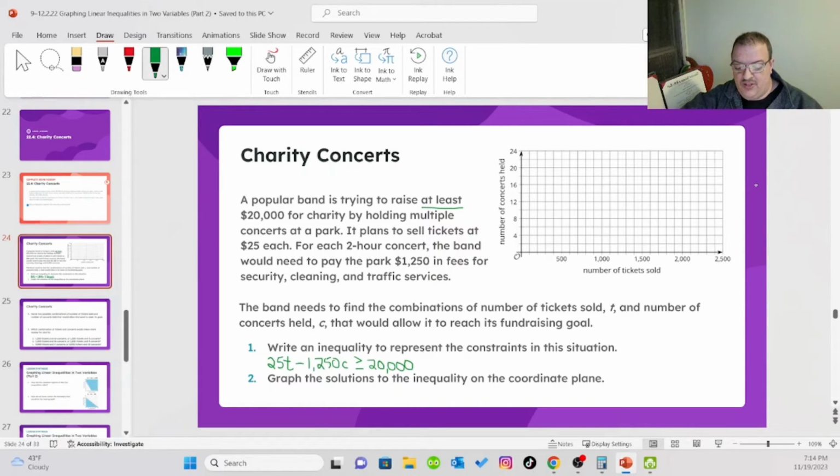Now they want us to graph the solutions to the inequality on the coordinate plane. The first thing we could try is if we did one concert, how many tickets would we have to sell? Because if we did no concerts, we wouldn't have any expenses, but we also wouldn't have any ticket sales.